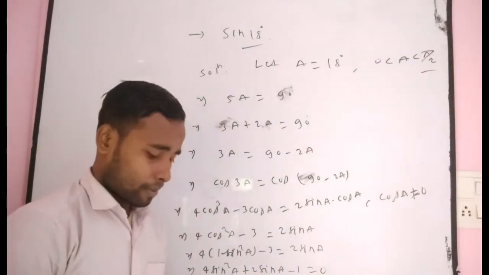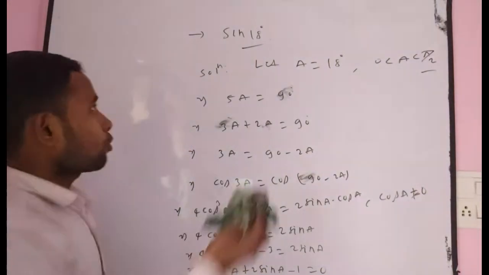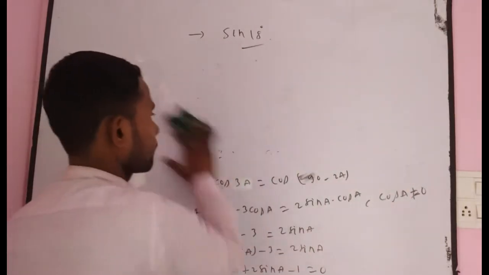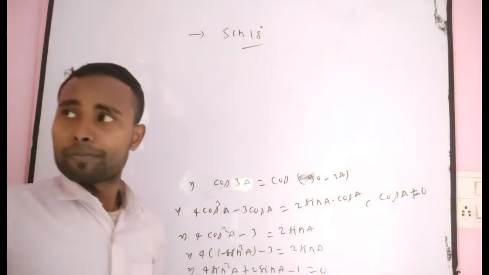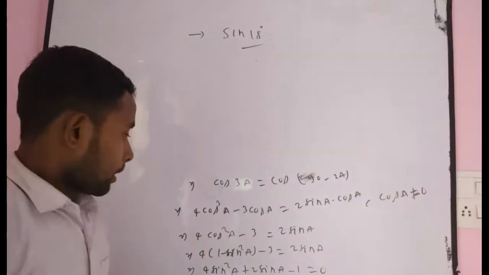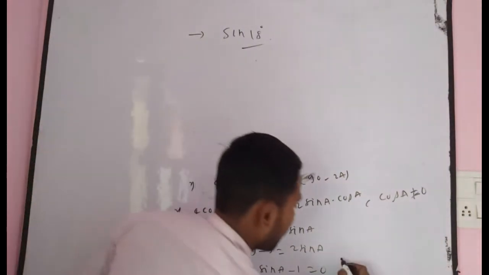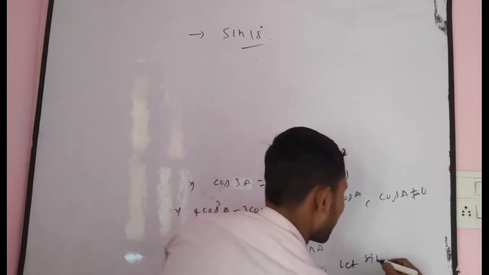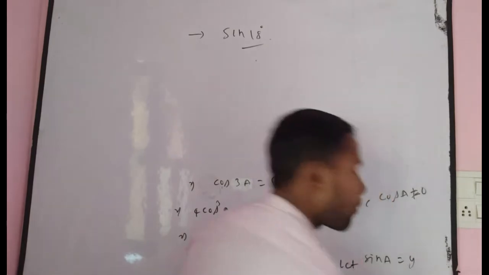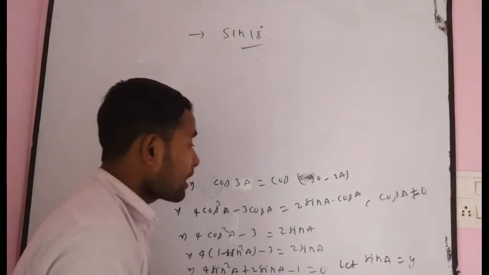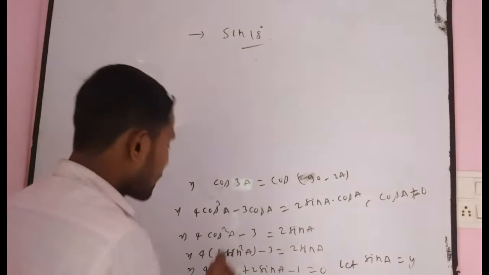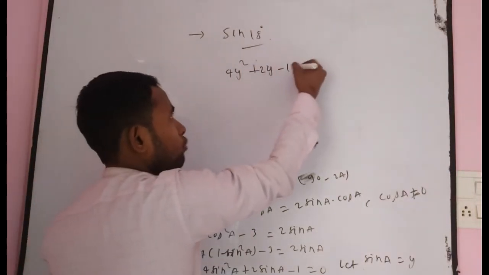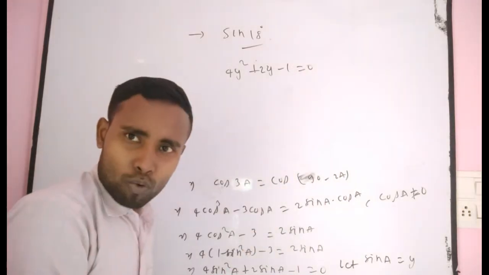Now suppose that sin a is equal to y. If you suppose sin a is equal to y, it becomes 4y square plus 2y minus 1 is equal to 0, just a quadratic equation.